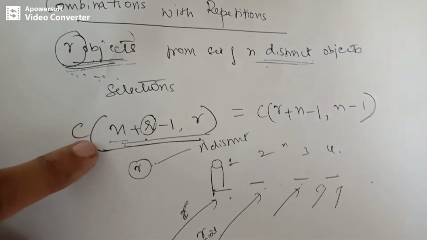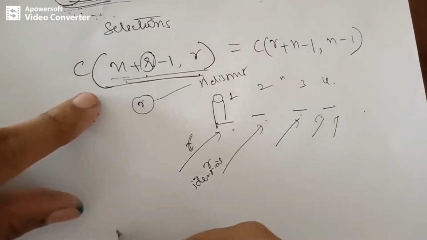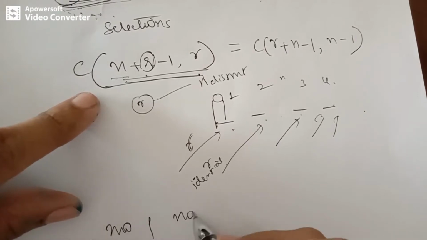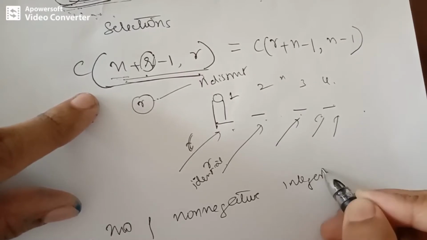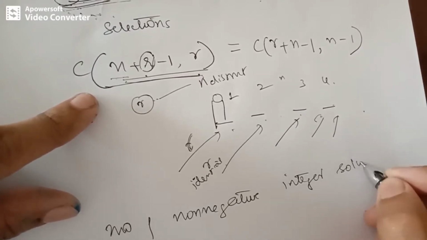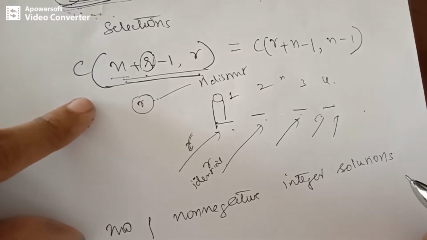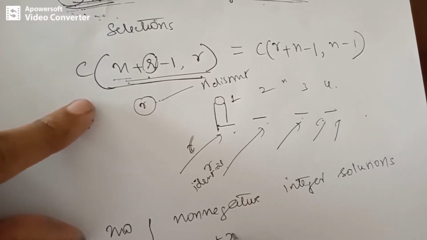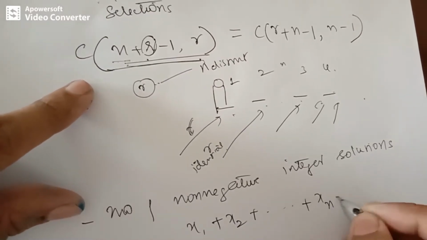Or it can also be used to find the number of non-negative integer solutions. This is an important question. Sometimes they will ask, find the number of non-negative integer solutions in the equation x1 plus x2 plus so on plus xn equals r.